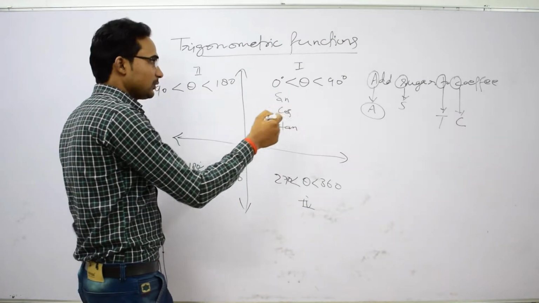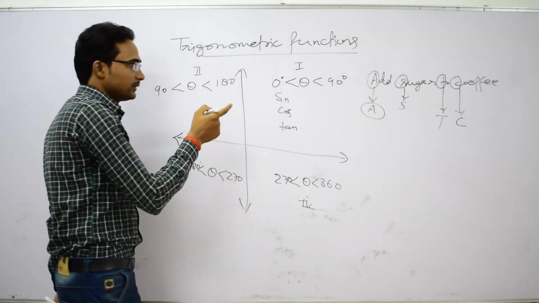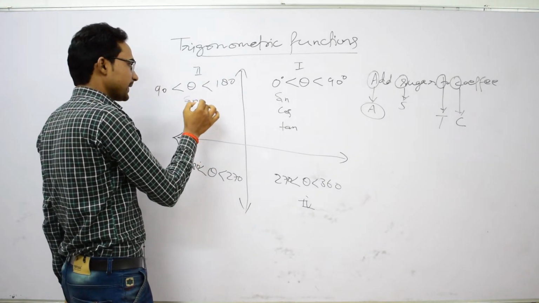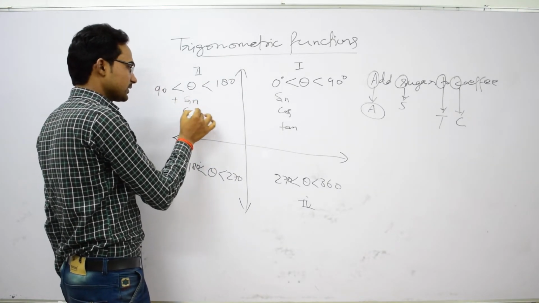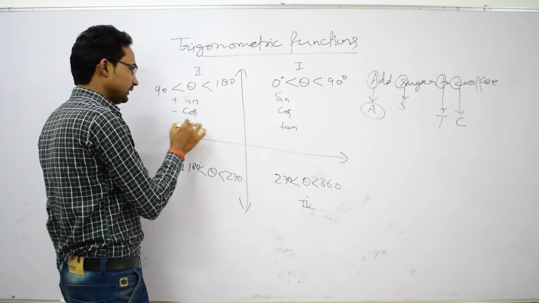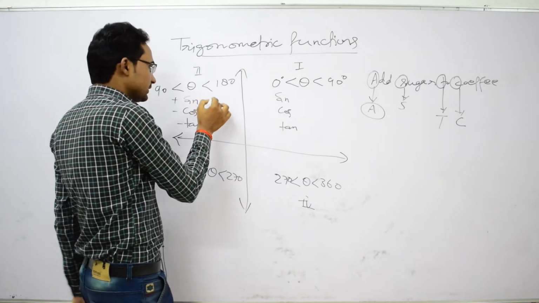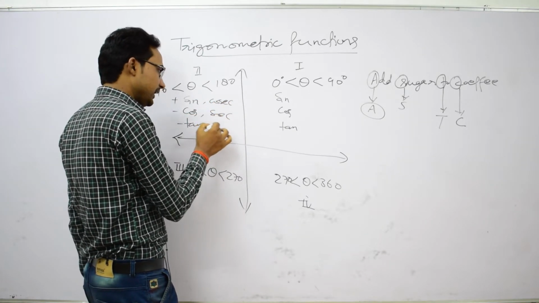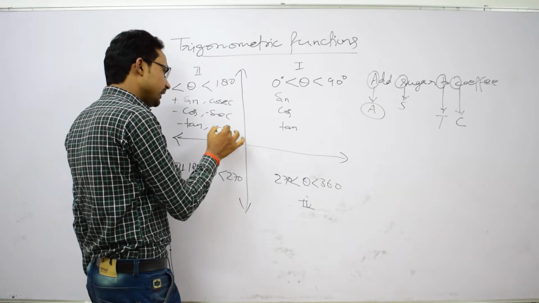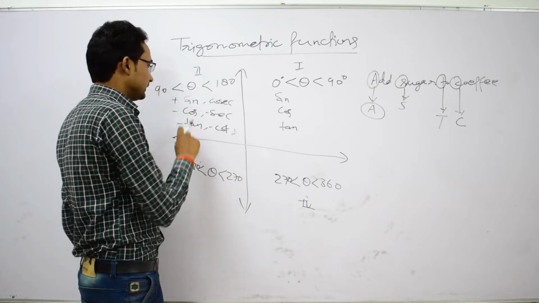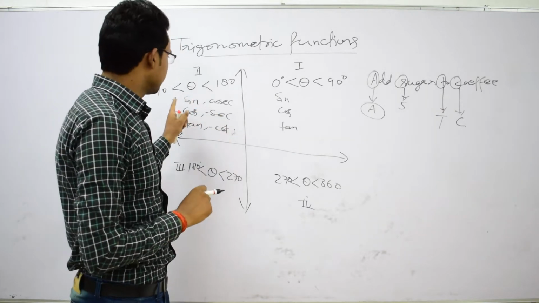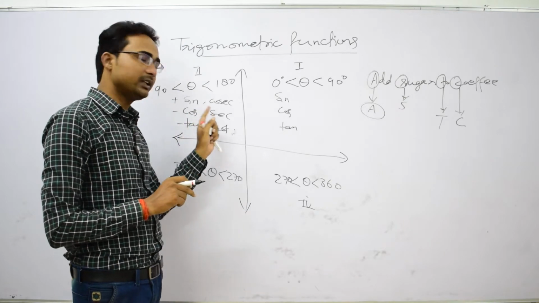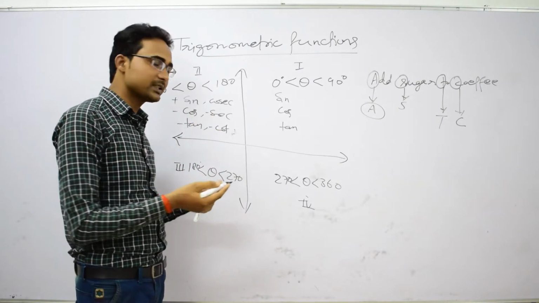In the second quadrant, sin is positive and cos, tan are negative. If sin is positive, then cosec will also be positive; cos negative, then sec negative; tan negative, then cot will be negative, because these are reciprocals. The reciprocal of sin is cosec, so if sin is positive, cosec is positive. If cos is negative, sec will be negative, because the reciprocal of cos is sec.